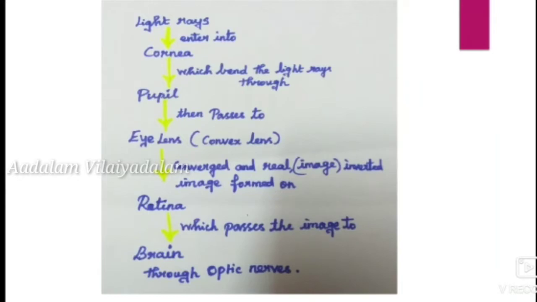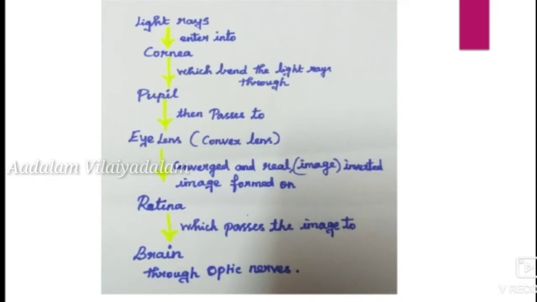Once again, the light rays enter into the cornea, the transparent layer of the eye, which bends the light rays through the pupil. The pupil is the center part of the iris, and after the pupil, the light rays pass to the eye lens. Our eye lens is convex in nature.